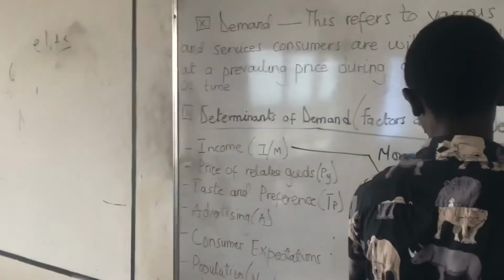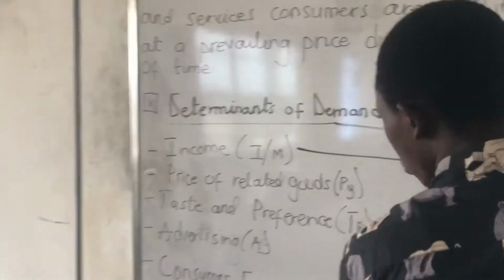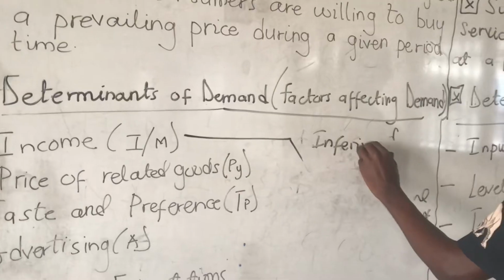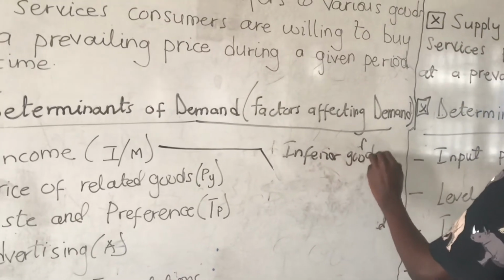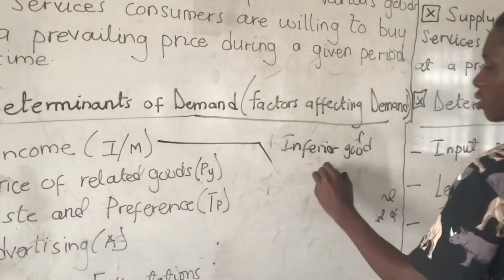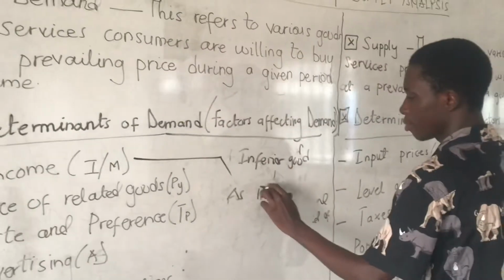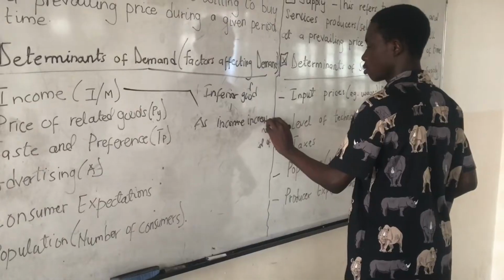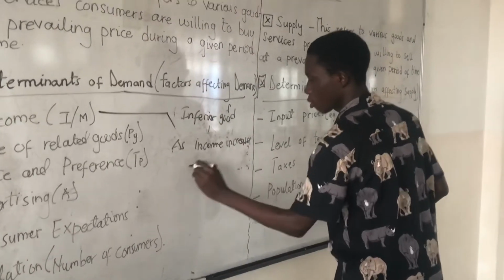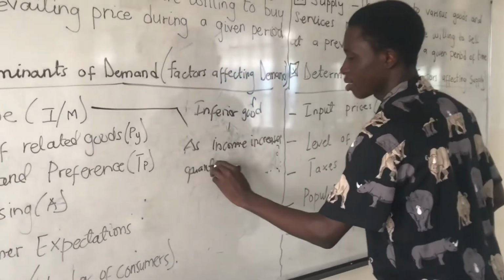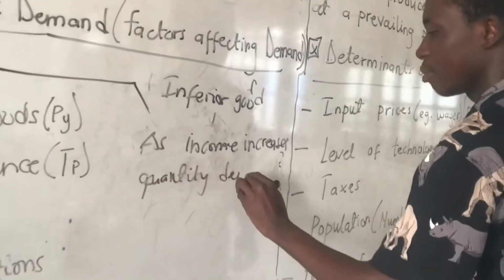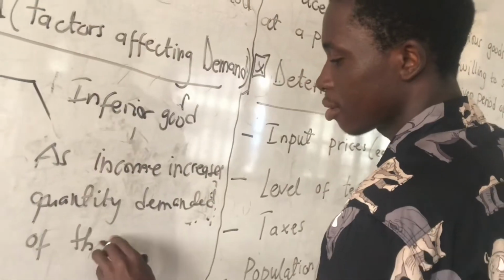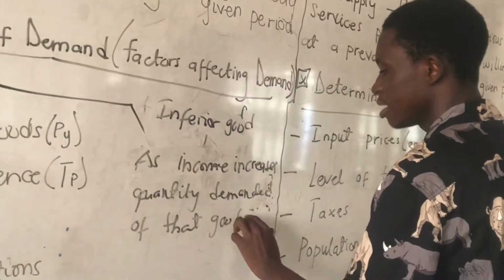Then we also have the inferior good, which is also under income. With the inferior good, as income increases, quantity demanded of that good decreases.